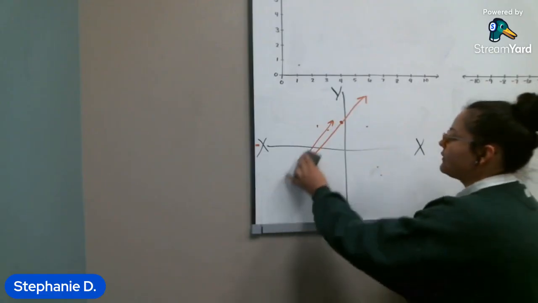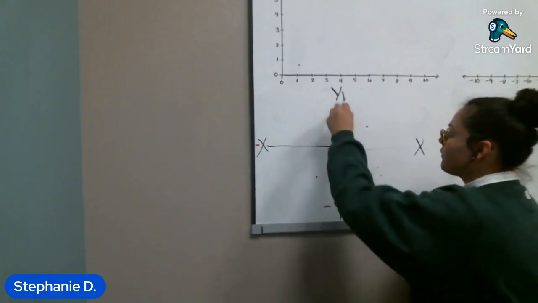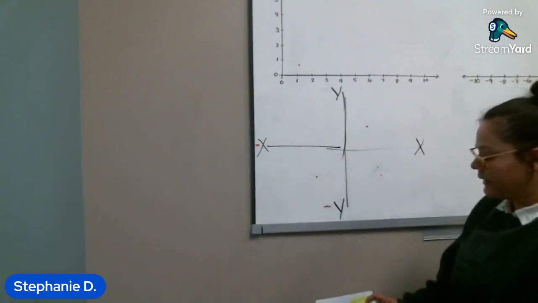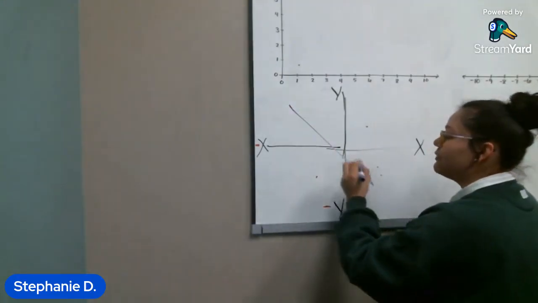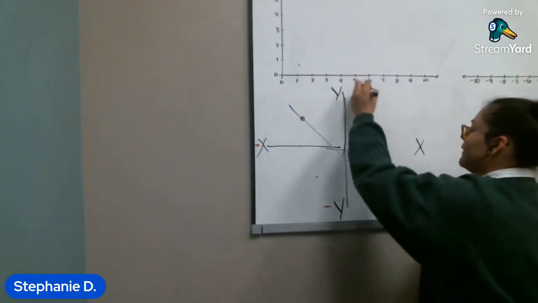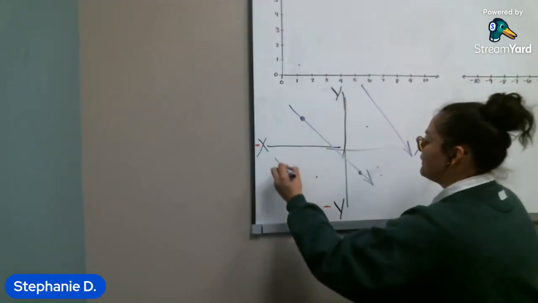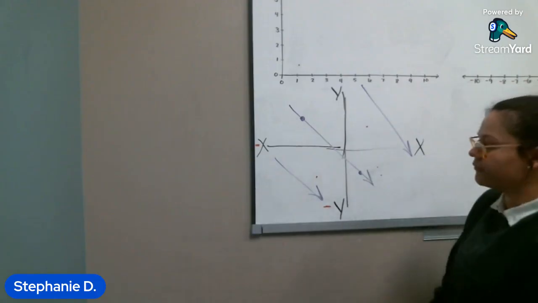Another way you can identify slope is as negative. With negative, it's moving down. Even if it's over here, this way, it's all pointing down. That is negative.